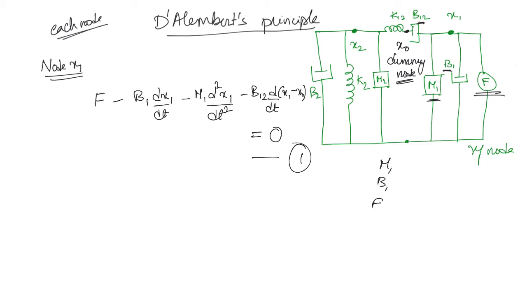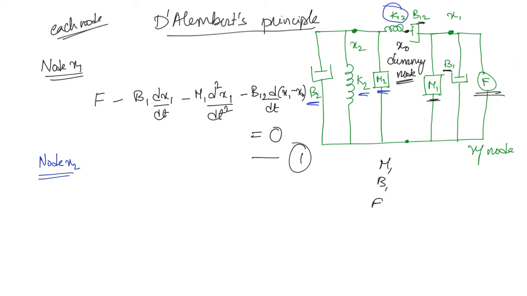Next, at node x2. What are all the elements that are present at x2? You have B2, K2 and M2 connected between x2 and reference, and you have K12 which is connected between x2 and x0. Here there is no external force, so all of them you can take to be the same sign.